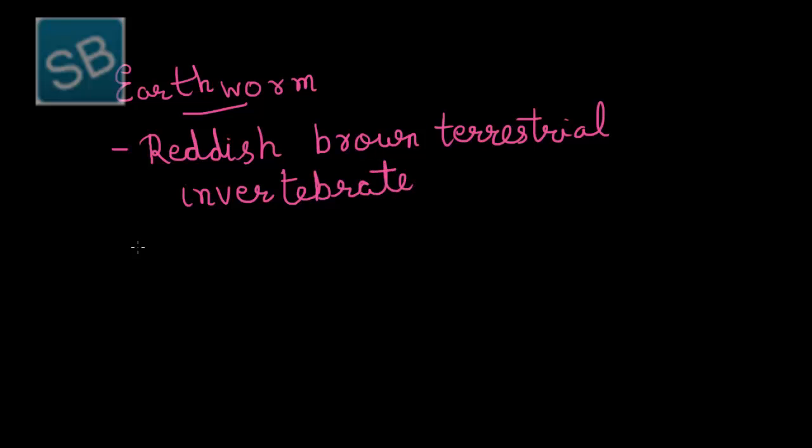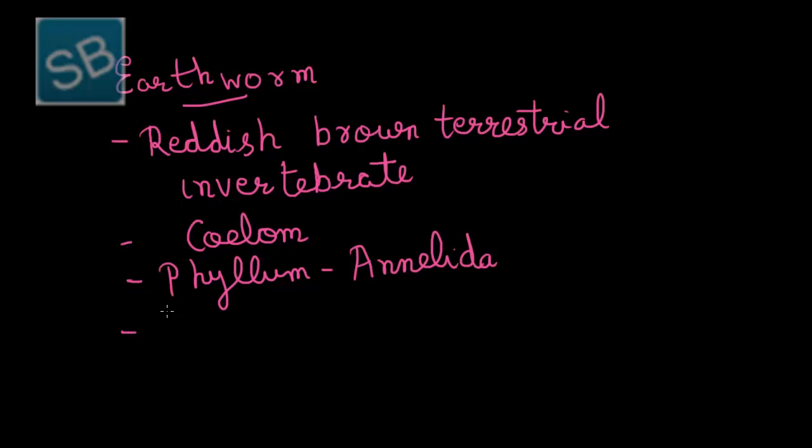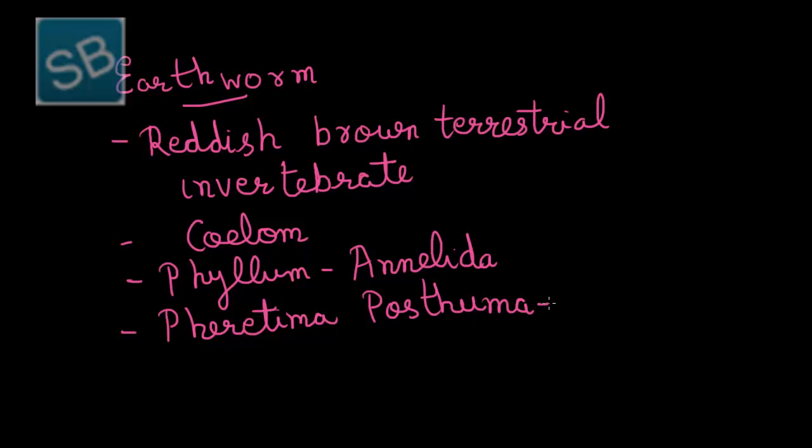It is an animal with a typical coelomic cavity and belongs to the phylum Annelida. However, in our country, generally Pheretima posthuma is found, where Pheretima is the genus and posthuma is the species name. The most common name is earthworm.